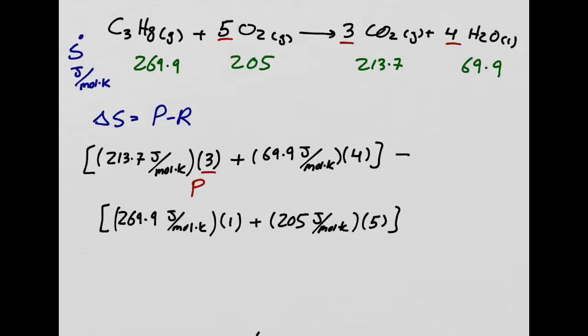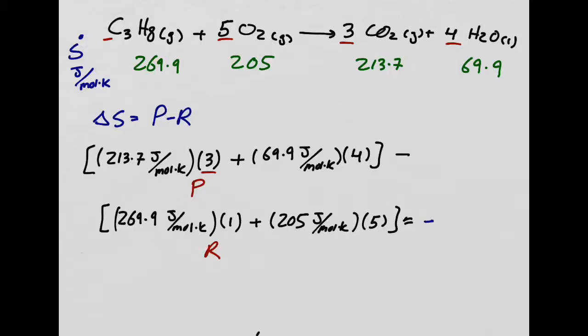So products minus reactants. Let me write it in red. Nothing you haven't seen before. Make sure you put it in your calculator correctly so you get the right number.